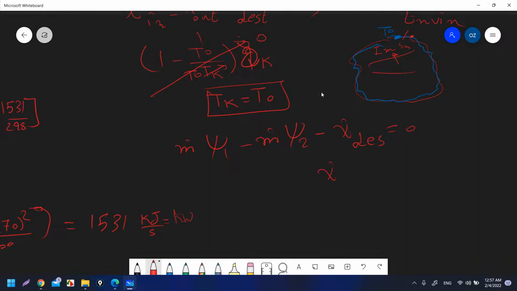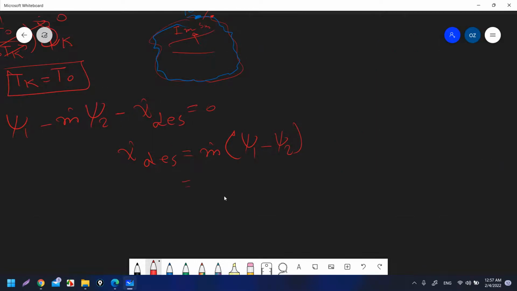So at the end, X destroyed is equal to m dot (psi 1 minus psi 2), and from the long equation, psi 1 minus psi 2 is equal to h1 minus h2 minus T naught (s1 minus s2) plus (V1 squared minus V2 squared) over 2, and don't forget to divide by 1000. Okay, m dot is 17.46, that is the mass flow rate.